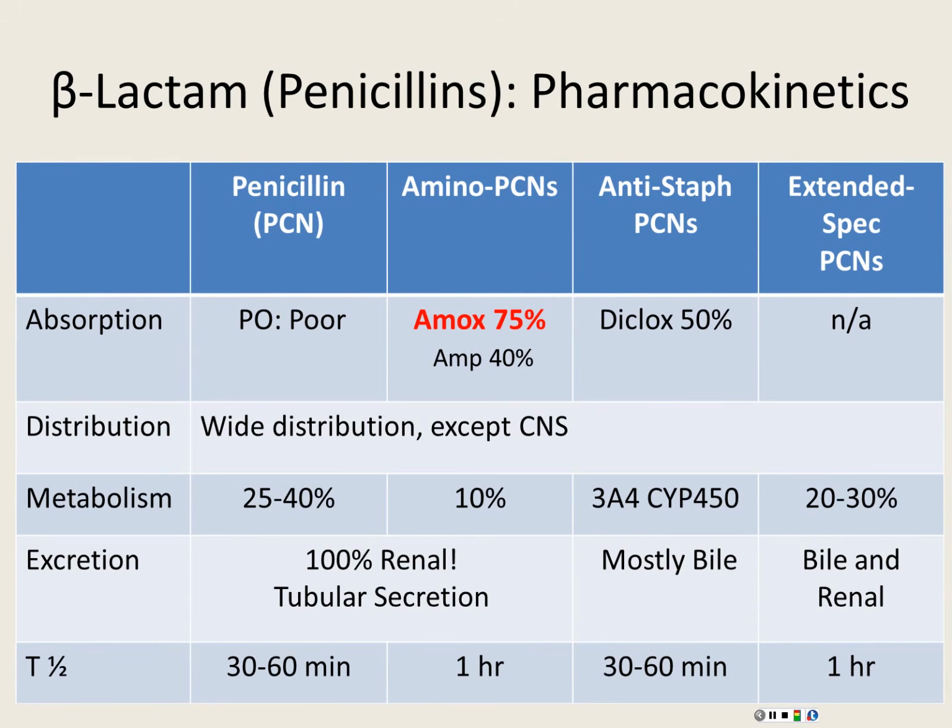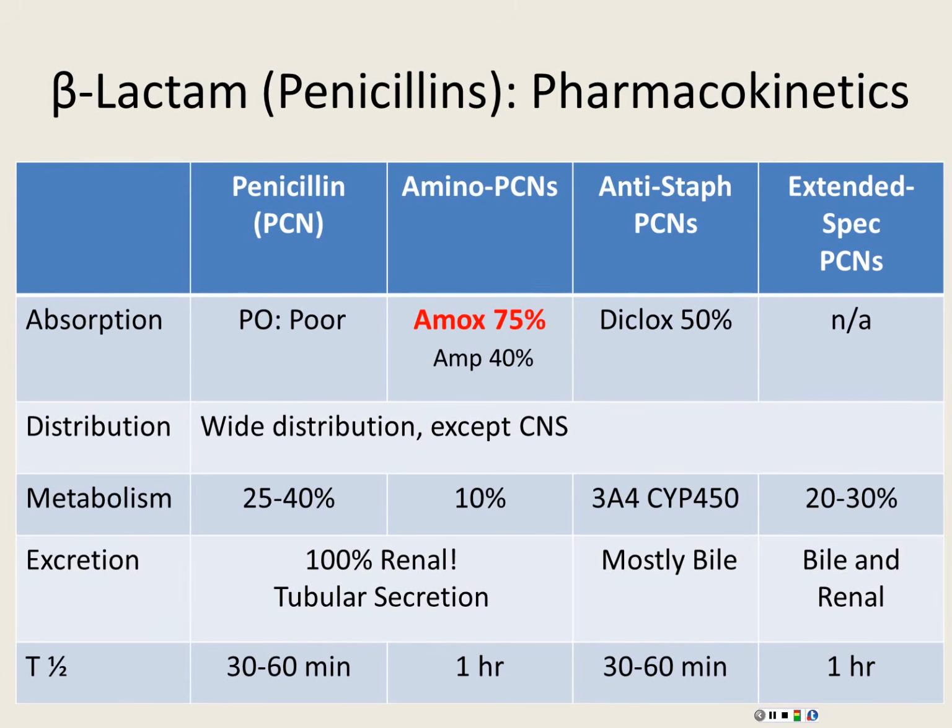So oral penicillin V, remember V for vegetable, so the V is the oral product for penicillin. Very poor oral bioavailability. Even ampicillin has very poor oral bioavailability. And so the appropriate answer in that case was C, to discharge on PO amoxicillin, which has much better oral bioavailability than plain penicillin or ampicillin, to complete a total of 7 days.